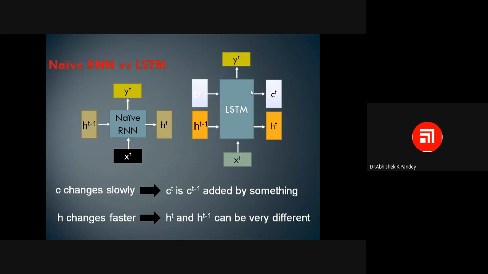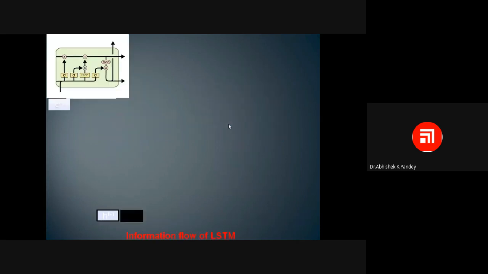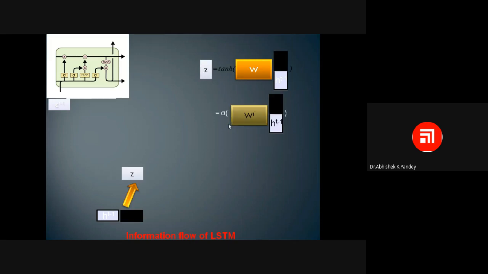So here the hidden state is known as short-term memory. CT and CT minus 1 are for the current and previous timestamp respectively. Fine. The hidden state is known as short-term memory, and the cell state is known as long-term memory.